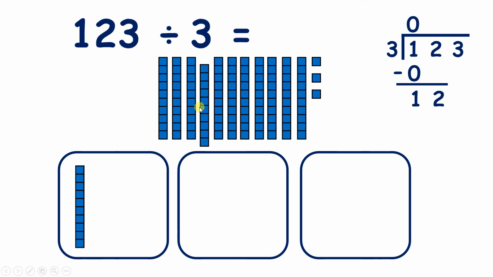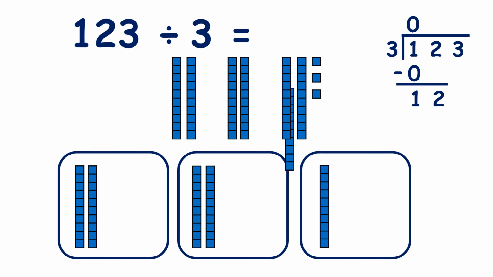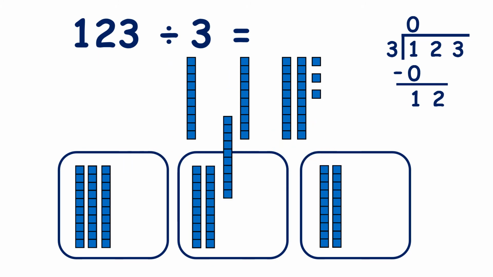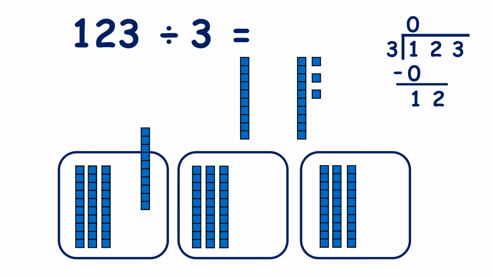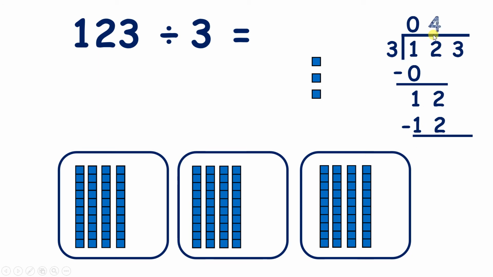So we can share out those tens. And we shared out all 12 of those tens, so we can write minus 12 to show this. And we have 4 tens in each group, because 12 divided by 3 is 4.